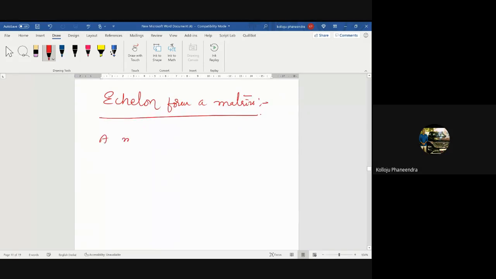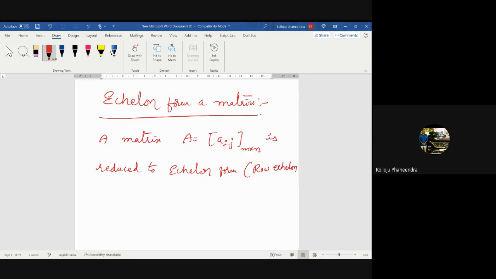A matrix A, Aij, M by N. Rectangular matrix or square, maybe M equal to N. A matrix A, Aij, M by N is reduced to echelon form.